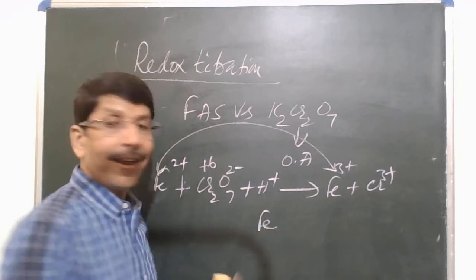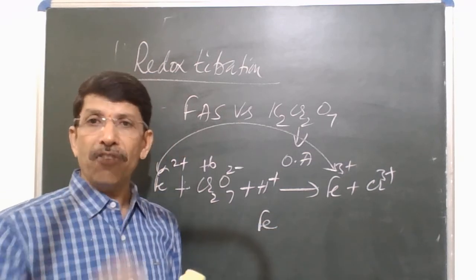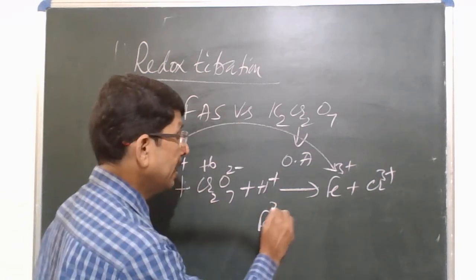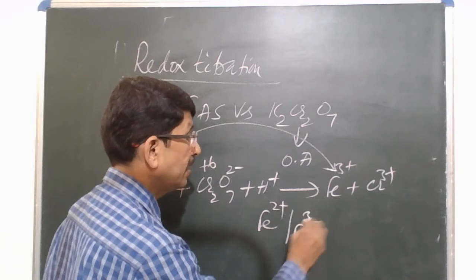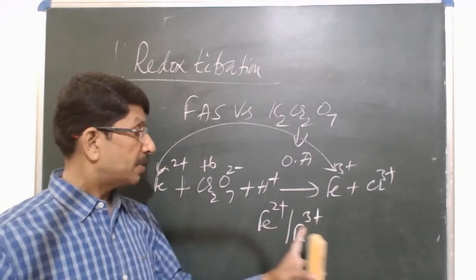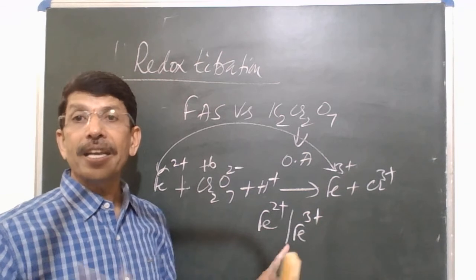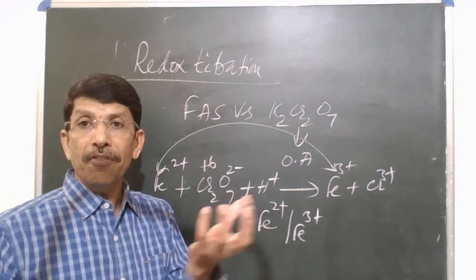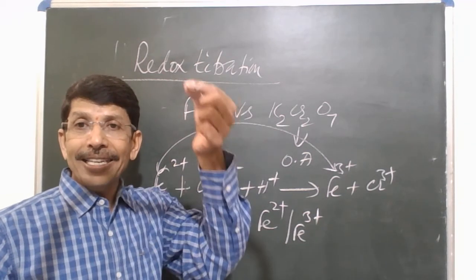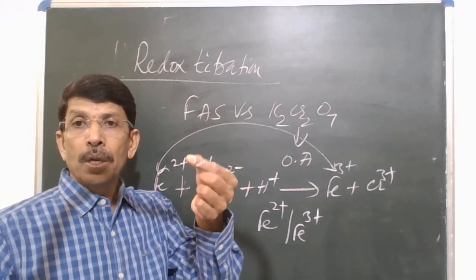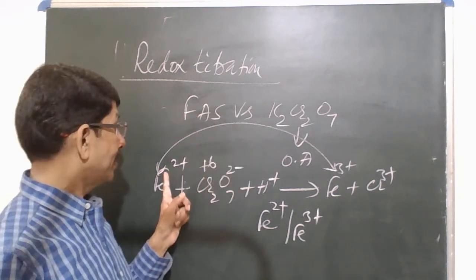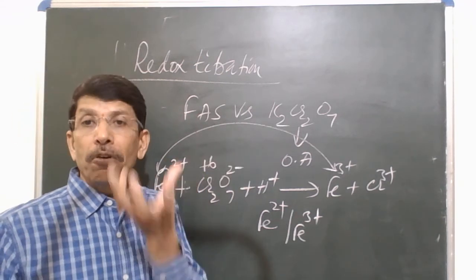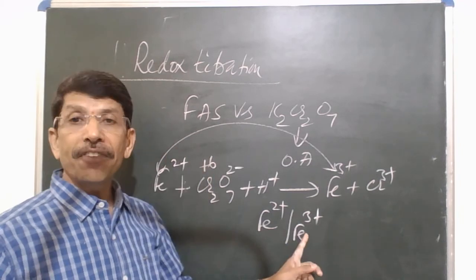So after addition of a drop of potassium dichromate, in the titration vessel we have ferrous and ferric ions. This drop of dichromate oxidizes a few Fe2+ ions to Fe3+ ions.